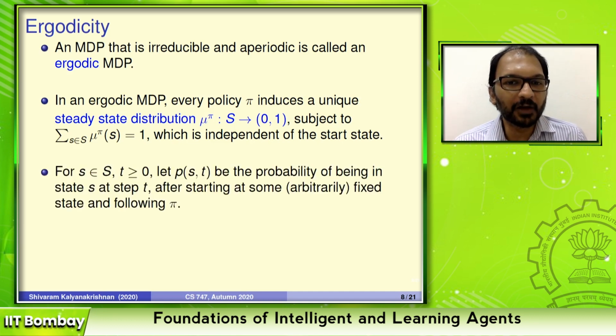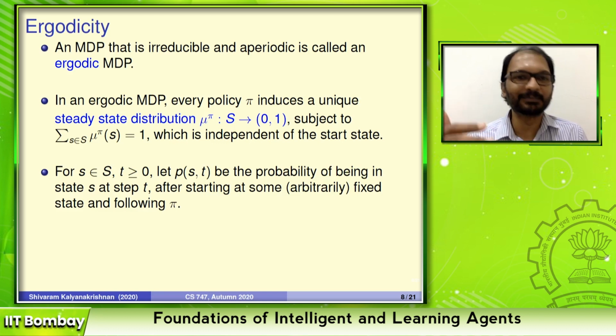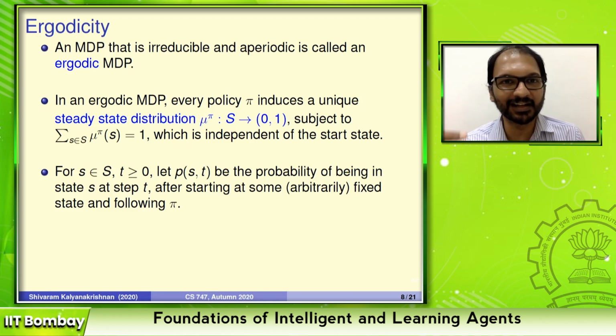So if you want to do this formally, let P of S comma T be the probability of being in state S at time T when you're following pi. Now, of course, if you want to say this precisely, you also have to say where you're starting, because the probability of being in state S by following pi after T time steps of starting must depend on where you are starting.